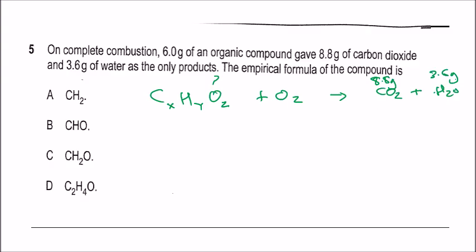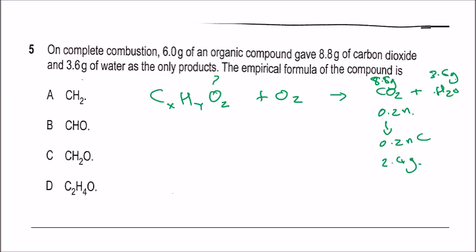So over here we've got 8.8 grams of carbon dioxide, so that comes out at 0.2 moles of carbon dioxide. That tells me in here I have 0.2 moles of carbon, because there's 1 mole of carbon per mole of carbon dioxide. That tells me in total I've got 2.4 grams of carbon.